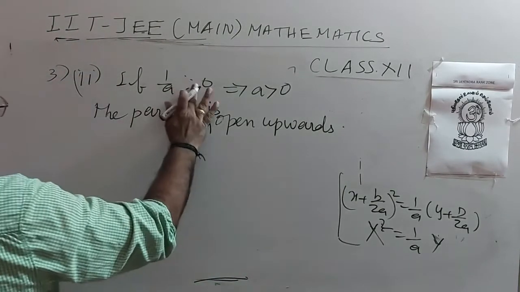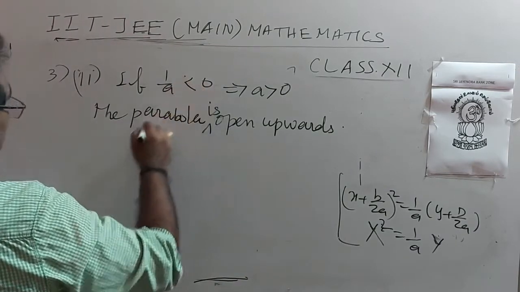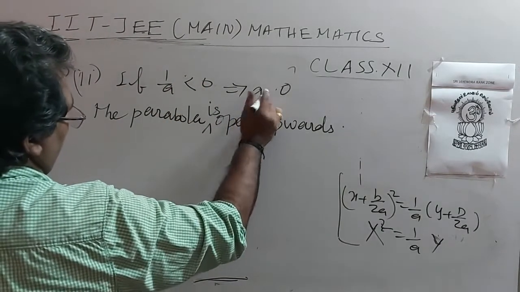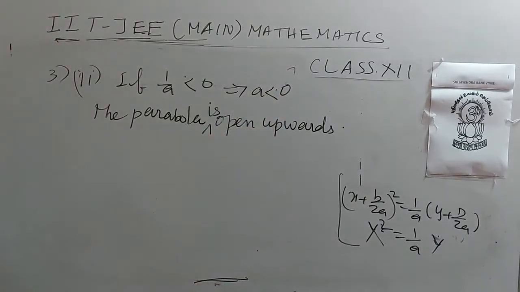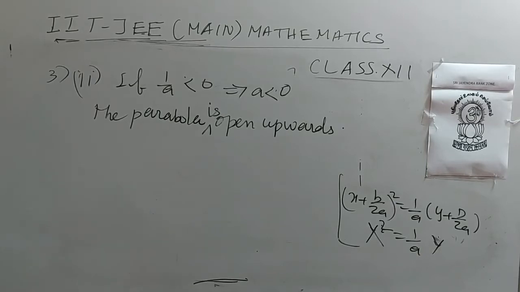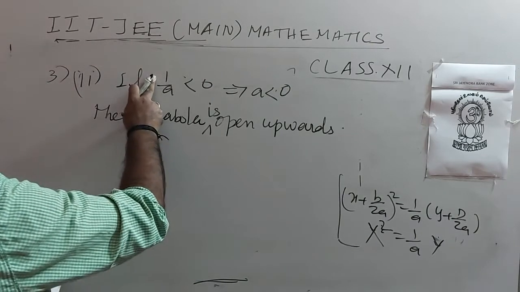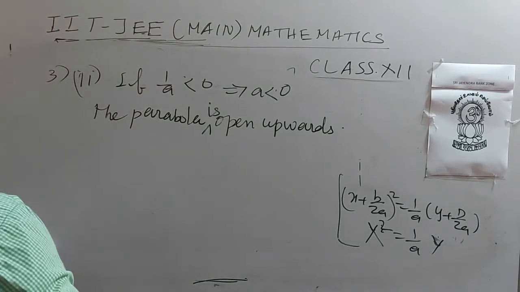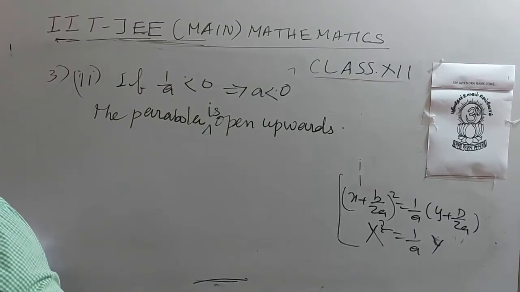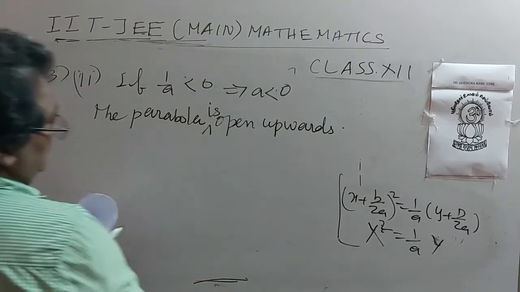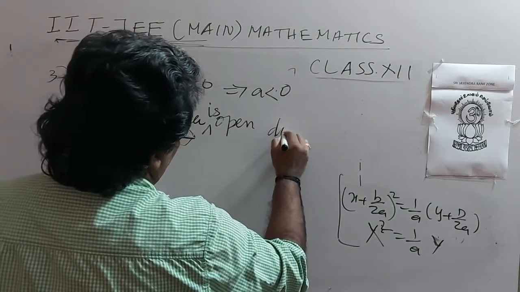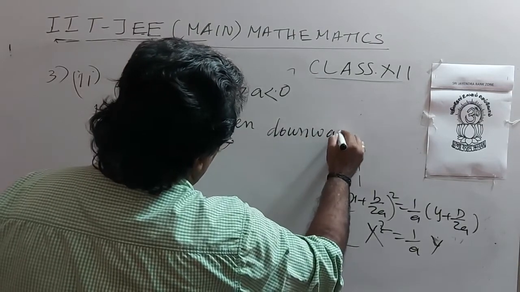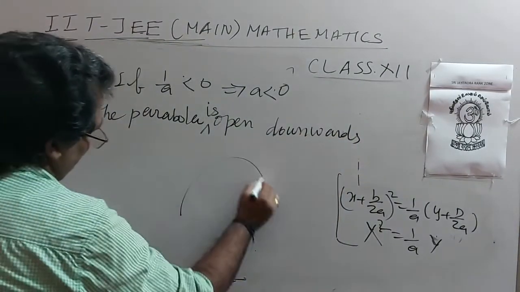And if 1 by a is less than 0, 1 is positive, 1 by a negative means a is also negative. The parabola opens downwards.